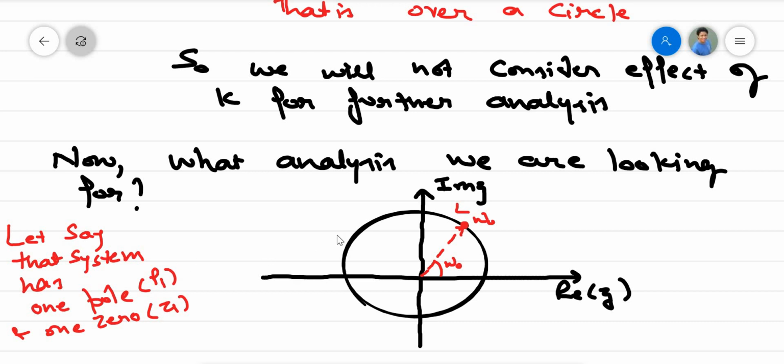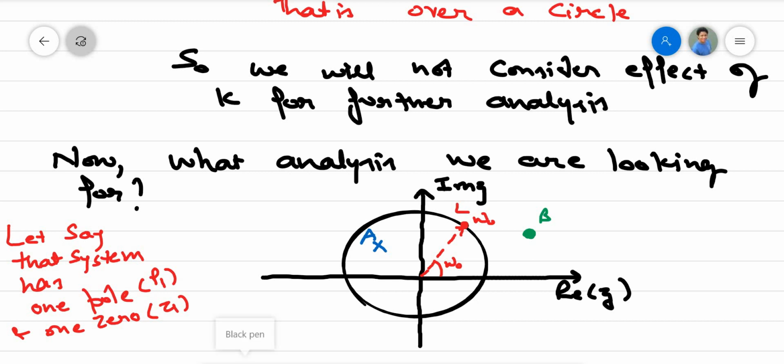Let's say the pole is at this particular point. I'll just mark the pole like this. The pole is here, the zero is here. Okay, so the pole is at point A and the zero is at point B.